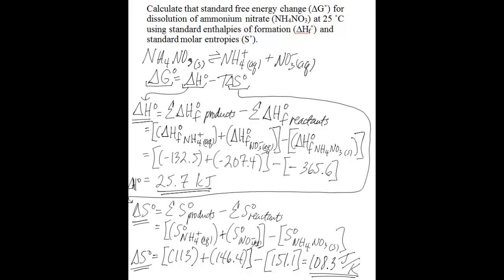So you can take those two values and substitute them into your original equation at the temperature of 25 degrees Celsius in order to solve for delta G naught, or the standard free energy change. So again, your equation is delta G naught is equal to delta H naught minus temperature times delta S naught.